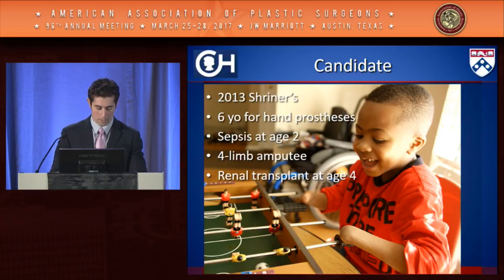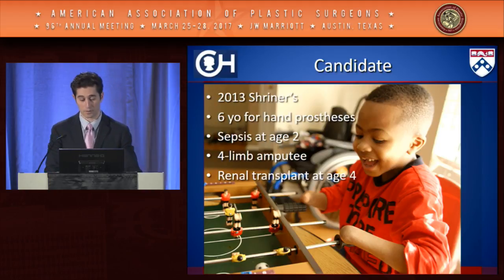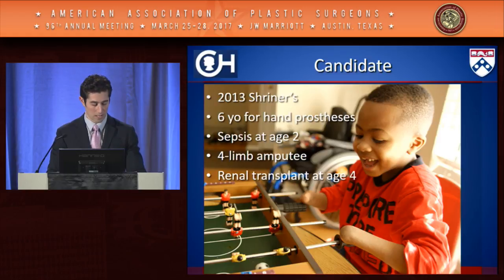Two years later, after Lindsay, a 6-year-old boy presented to the Shriners Hospital in Philadelphia for a new hand prosthesis. He was unhappy with his current prosthesis, and he felt, quote, that they do not feel like hands. This patient actually felt like he could function better without the prosthesis.